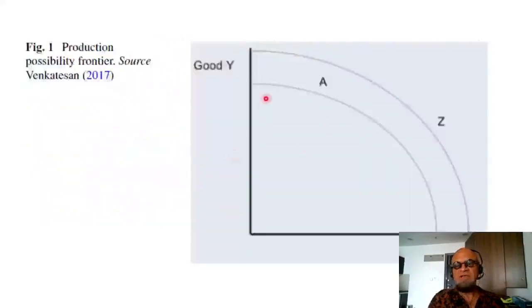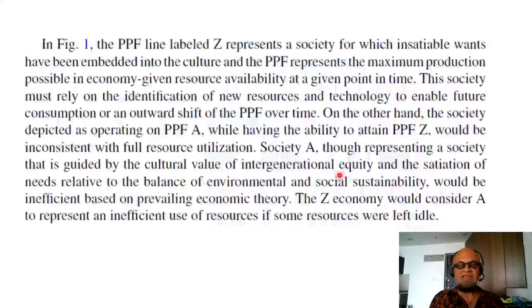So in this case, we are not using all the resources at any given point of time, but we are hedging our bets towards sustainability, let's say. Society A, though representing a society that is guided by the cultural value of intergenerational equity and the satiation of needs relative to the balance of environmental and social sustainability, would be inefficient based on prevailing economic theory.